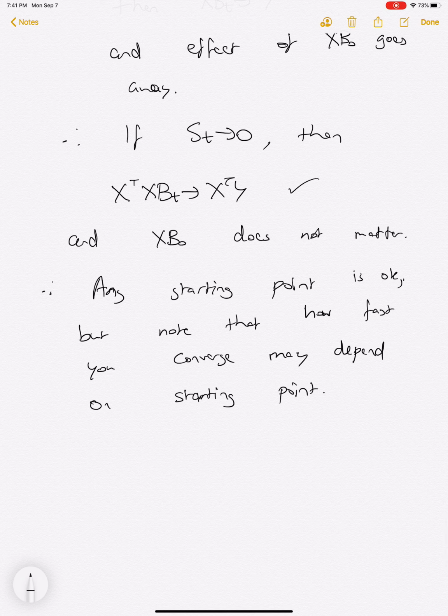So we've touched on two questions here, which is, do we get the right convergence? And I've said we do as long as S_t goes to 0. And now we've addressed another question about the starting point beta_0, that it doesn't really matter as long as S_t goes to 0. So then the question is, how do we ensure S_t goes to 0?